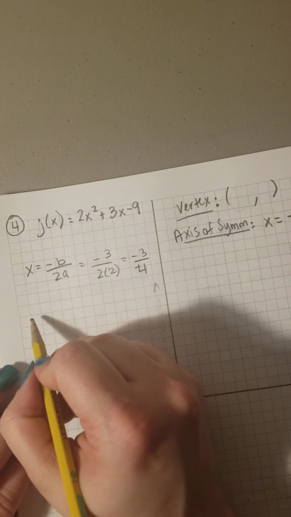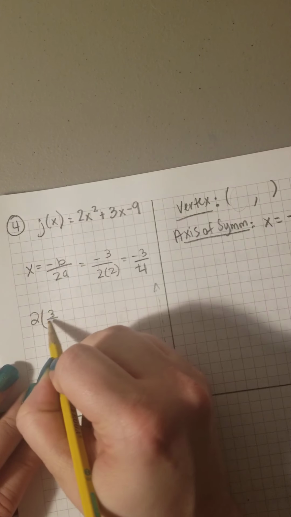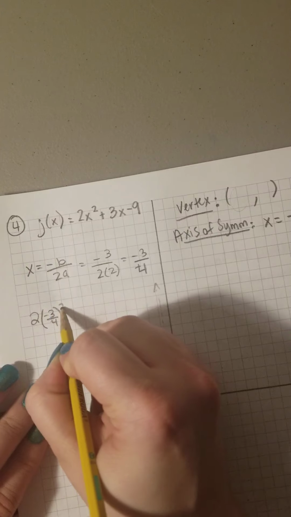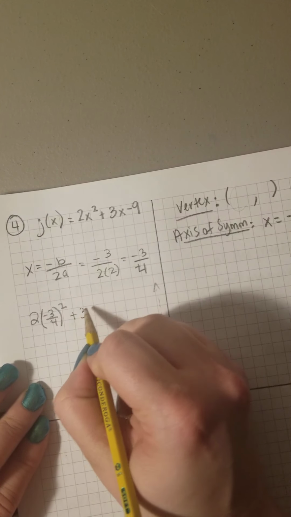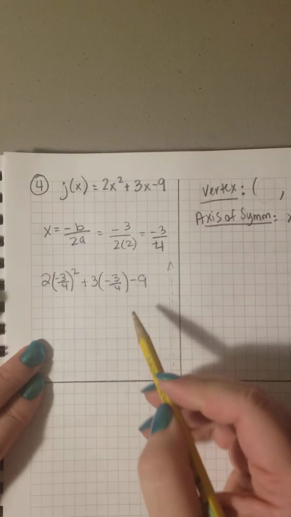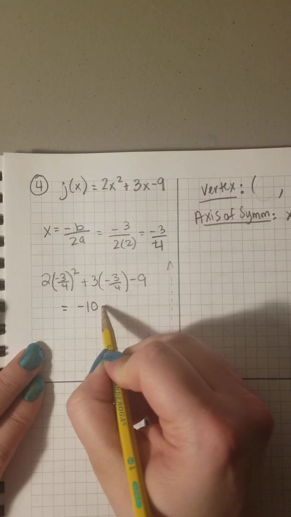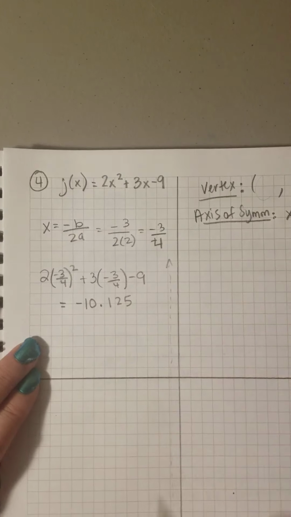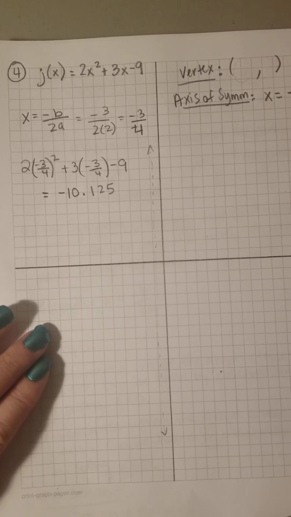So if I know that x is negative 3/4, then I can do 2 times negative 3/4 squared plus 3 times negative 3/4 minus 9. And if you were to put that all into your calculator, you'd get negative 10.125. See, that is kind of a weird number, right? No wonder it came out funny on here.